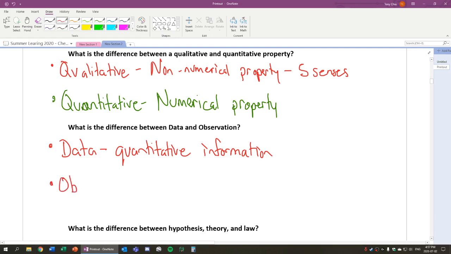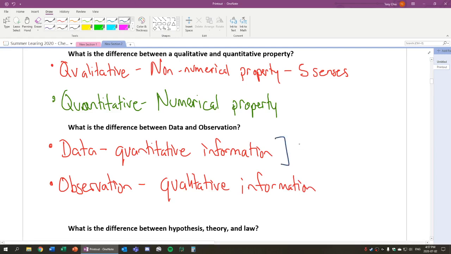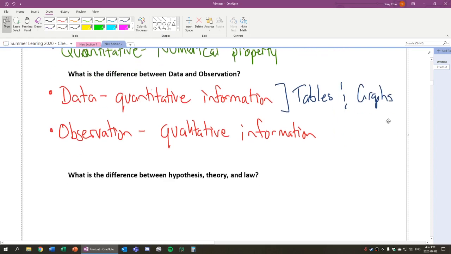Observation is usually seen as your qualitative information. Now, whenever you deal with data, you usually want to put it in tables or graphs, because that keeps the data a lot more neat. It's a lot easier to read.